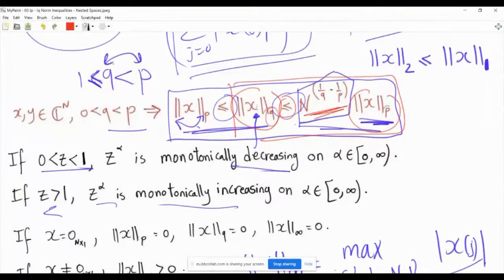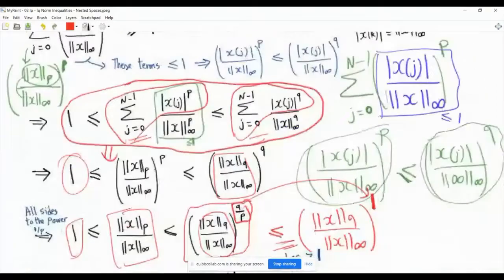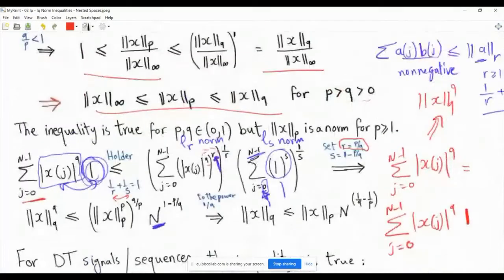We have Q here, P here, and so you start with the LQ norm, and then you apply Holder with general powers R and S, and then you say, we will choose R to be equal to P over Q, so that now we get the LP norm of vector X.